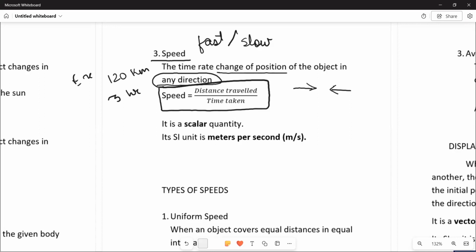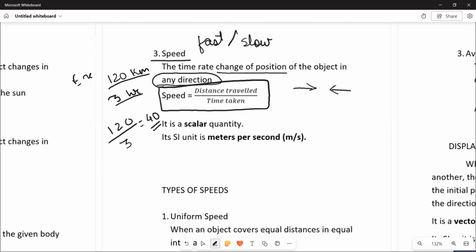So how will you calculate the speed? As the formula is given here, the distance traveled. So how much distance are you supposed to travel? It is 120 kilometers. And how much time does it take? It takes you 3 hours. So 120 upon 3, how much is it? It equals 40. So your speed will be 40 kilometers per hour.